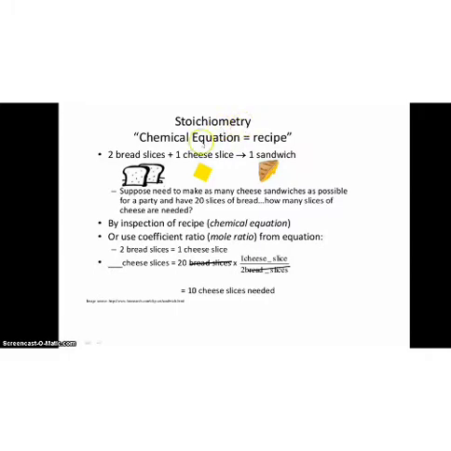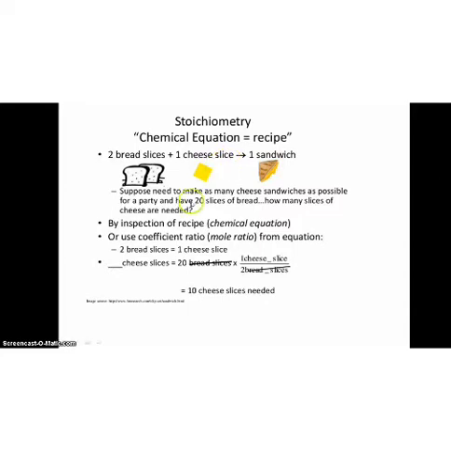In stoichiometry, a chemical equation is considered as a recipe. For example, 2 bread slices plus 1 cheese slice gives 1 sandwich. Suppose we are taking 20 slices of bread, how many slices of cheese do we need? So, 2 bread slices is equal to 1 cheese slice.